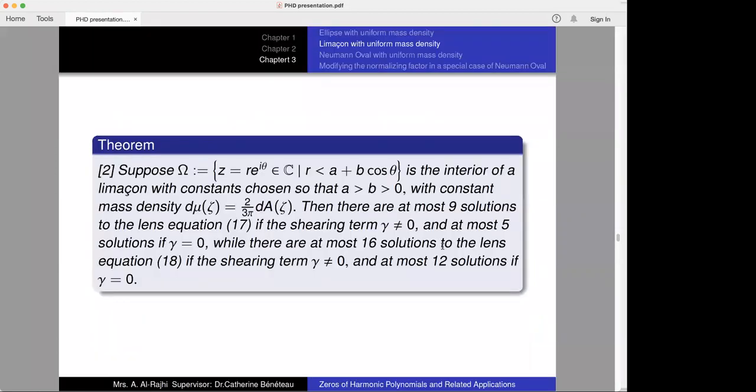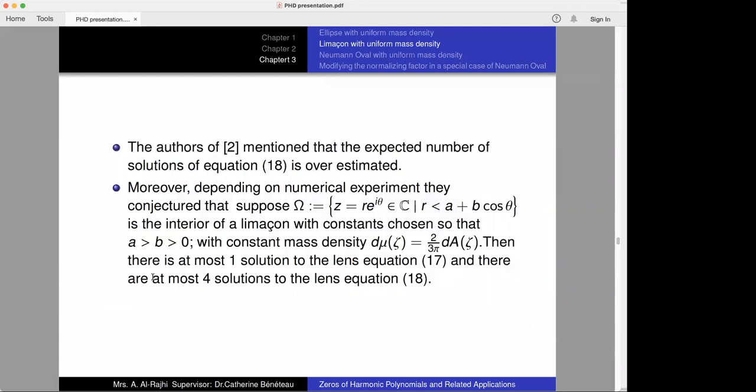So they wrote this theorem, where omega is the interior of the limacon with a constant chosen so that a is greater than b greater than 0, with a constant density. Then, as we said, we will have 9 solutions for equation 17 if the shear term is present, and 5 solutions if the shear term vanishes. For equation 18, we will have 16 solutions if gamma is not 0, and 12 solutions if gamma is 0.